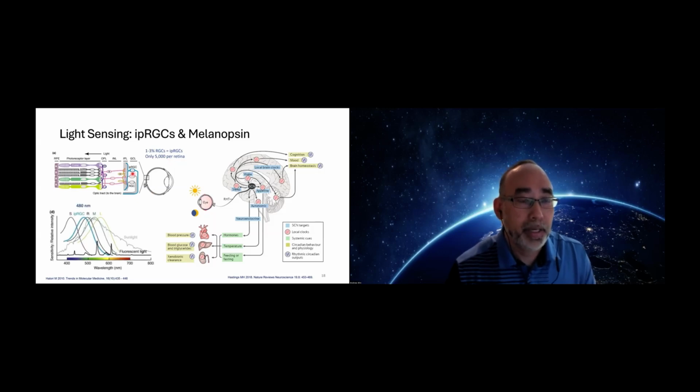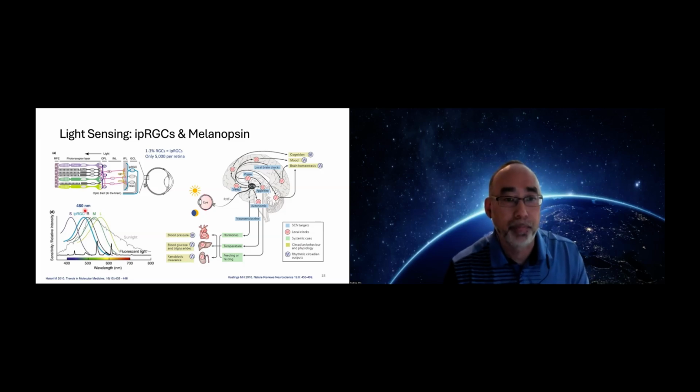Now, these ipRGCs were found to be critical for the regulation and detection of light for the circadian rhythm. And within the ipRGCs is something called melanopsin. And melanopsin has its peak sensitivity, or absorption of light, at about 480 nanometers, which is cyan blue.